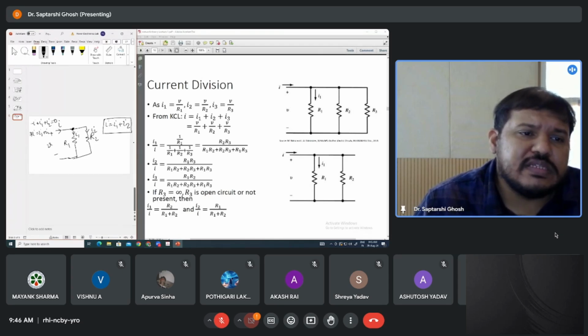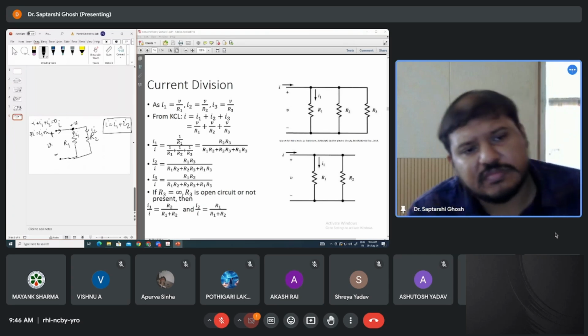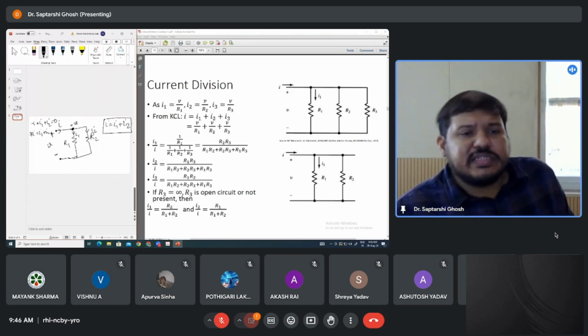This is V, the voltage you are applying across this terminal. Between these two terminals there is no element, so there will be no voltage drop. That means the V that you are applying here, the same positive V will be applied here. And this is ground or 0 volt.